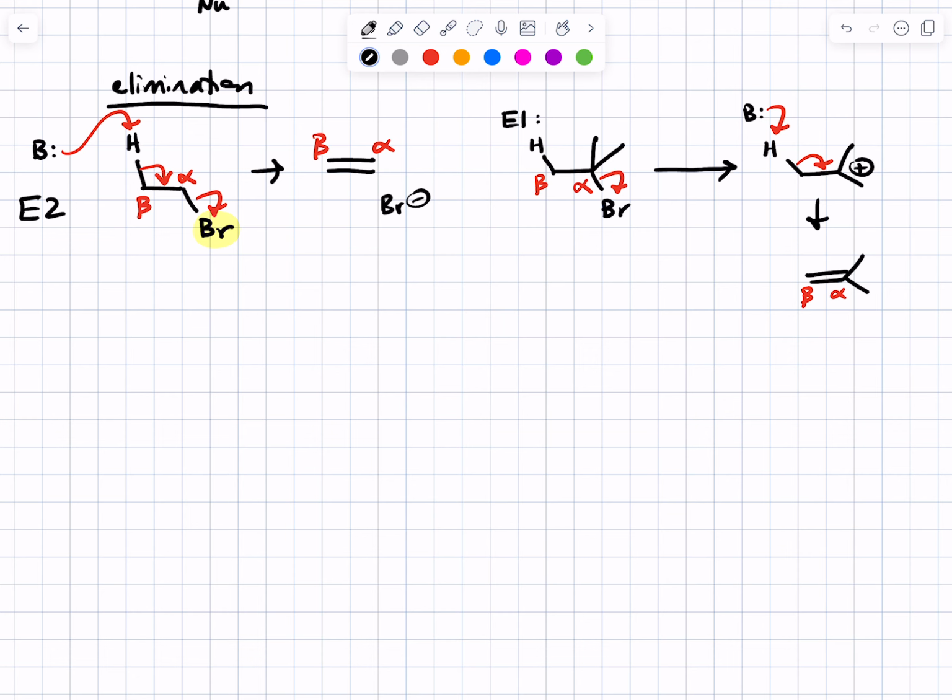Now, one variation of this, which you may or may not have talked about in 351, is called E1CB. In E1, the leaving group leaves first, and then the proton gets removed. CB stands for conjugate base. In E1CB, it turns out the base removes the beta proton first, and electrons go on to the beta carbon.